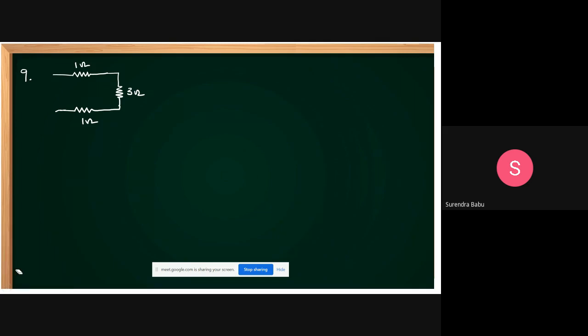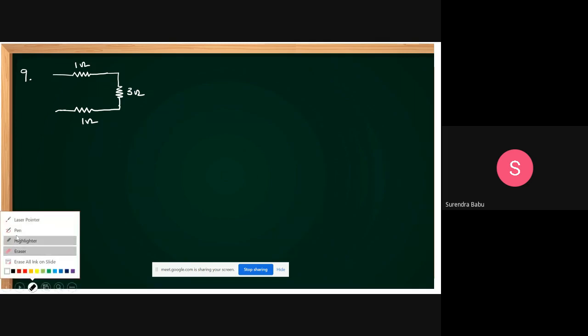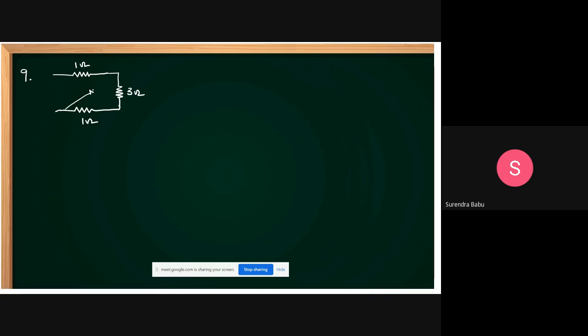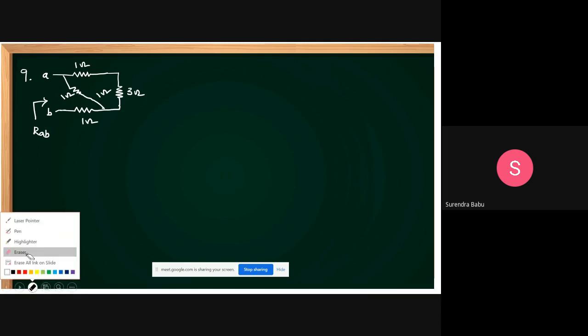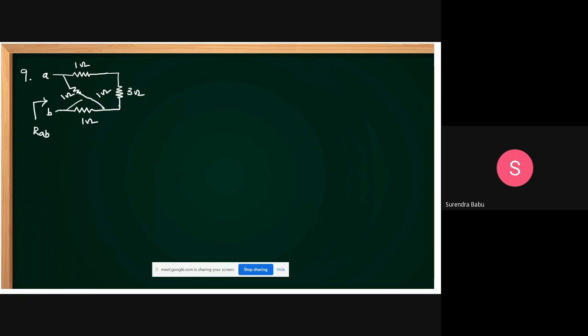This is 1 ohm, and this is 1 ohm. Then this is A, this is B. Can you find RAB? Actually, there is no connection between these two. At this point, there's no connection between these two, like this.